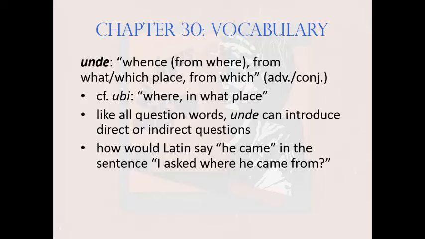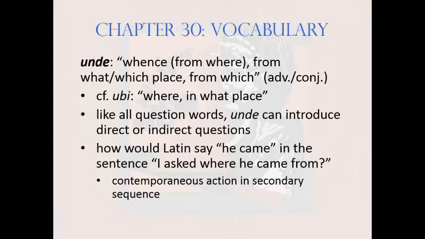And is the action of the subordinate clause contemporaneous or prior? Clearly, the asking and the coming are happening at the same time. It's not, I asked him where he had come from. So, what tense of the subjunctive does Latin use to show contemporaneous action in secondary sequence? The imperfect. Thus, in this sentence, he came would be veniret.